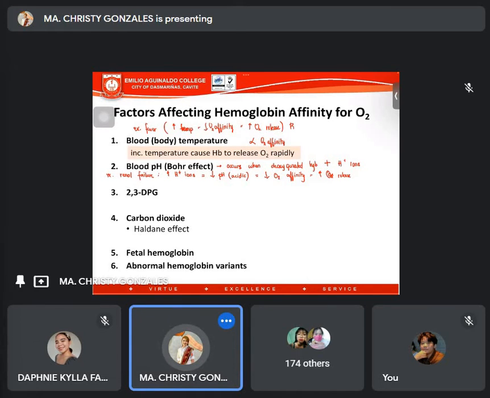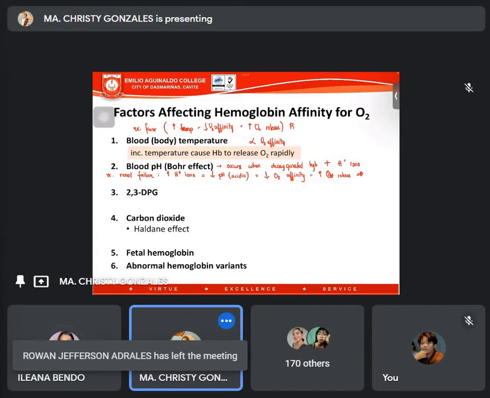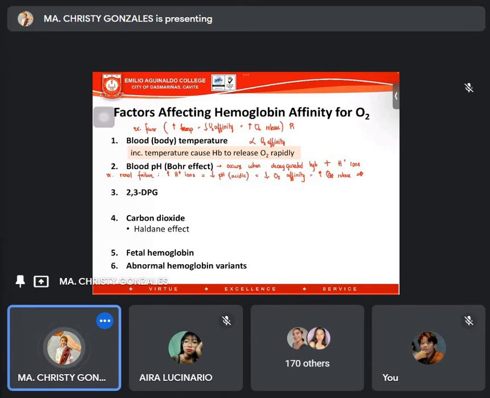So this is shift to the right or left? Decrease oxygen affinity, increase release. Right or left? Right. That is shift to the right.